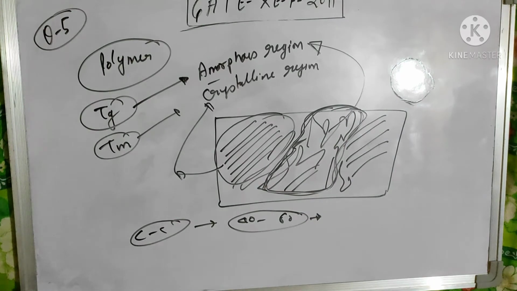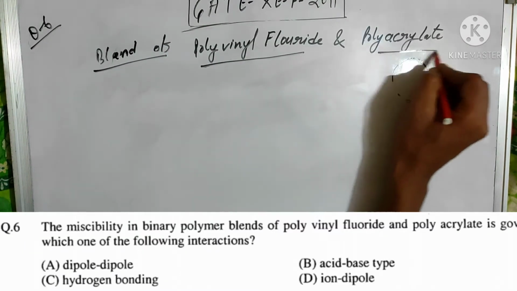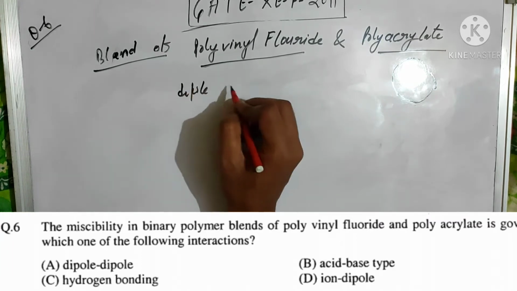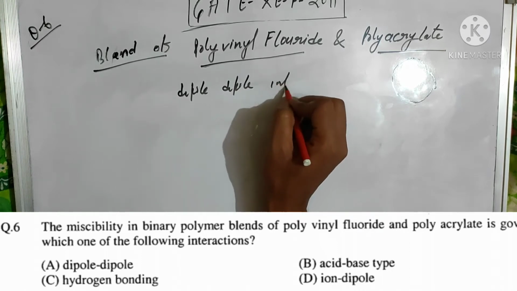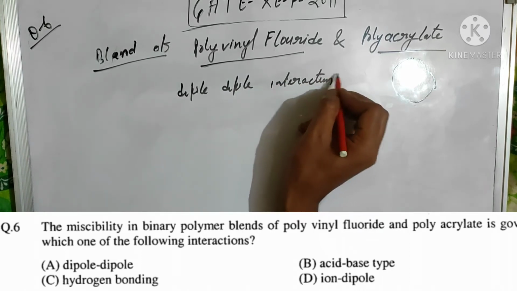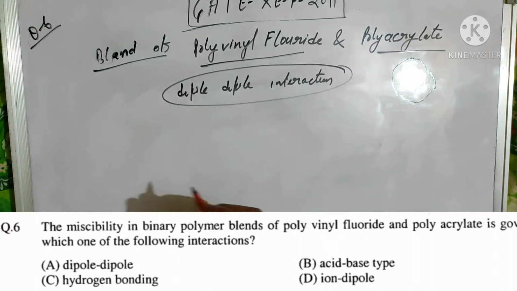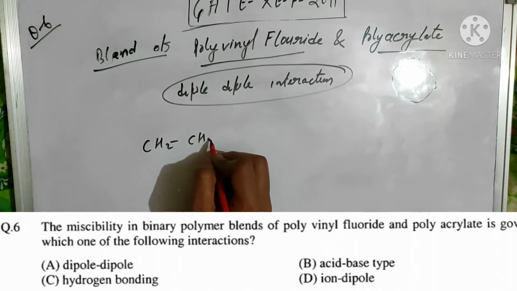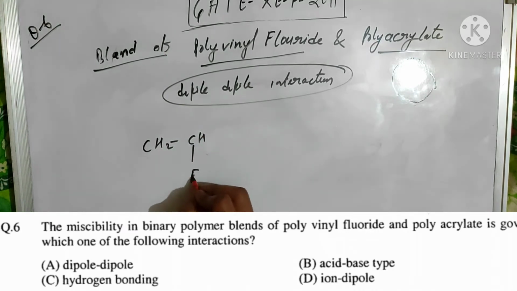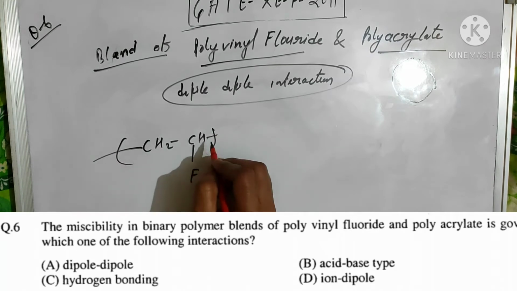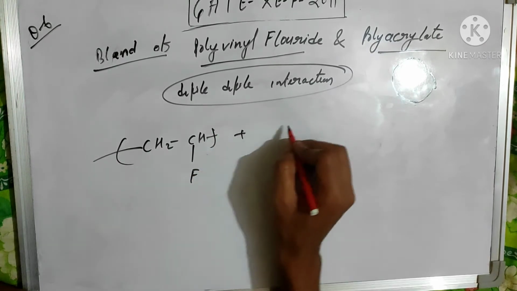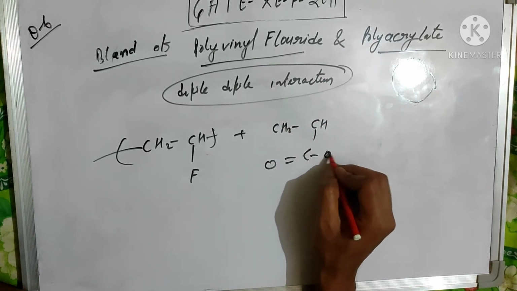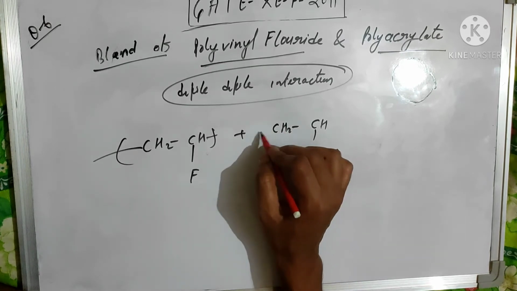transition temperature. The blend of polyvinyl chloride and polyacrylate has dipole-dipole interaction. Let us understand by their structure how they are combined. This is polyvinyl chloride and this is polyacrylate.